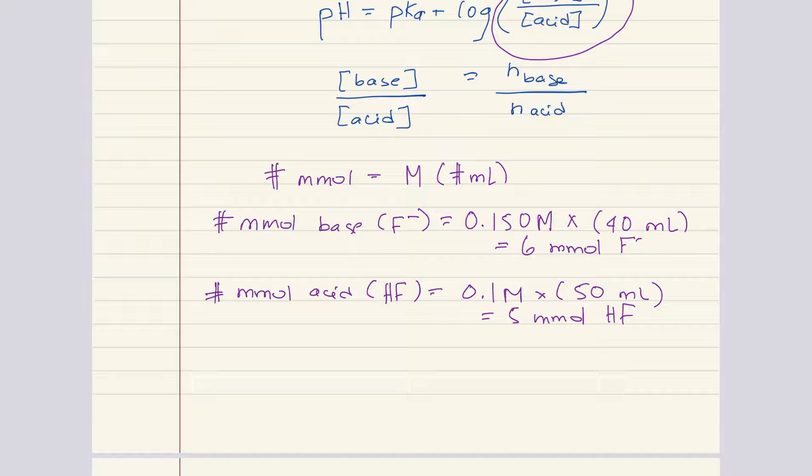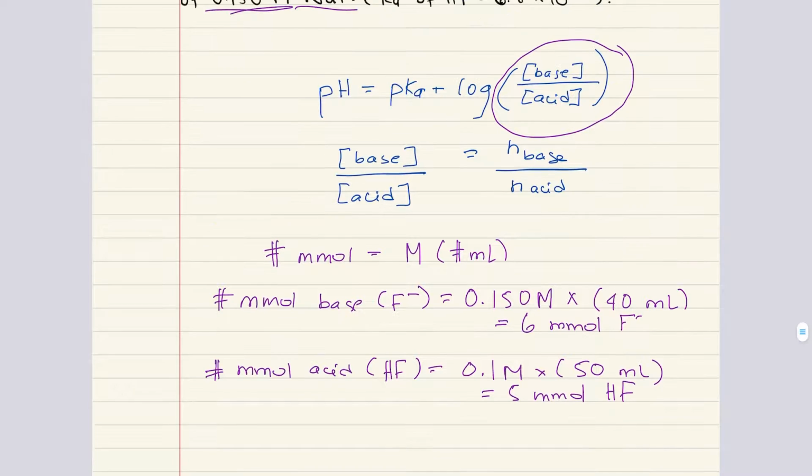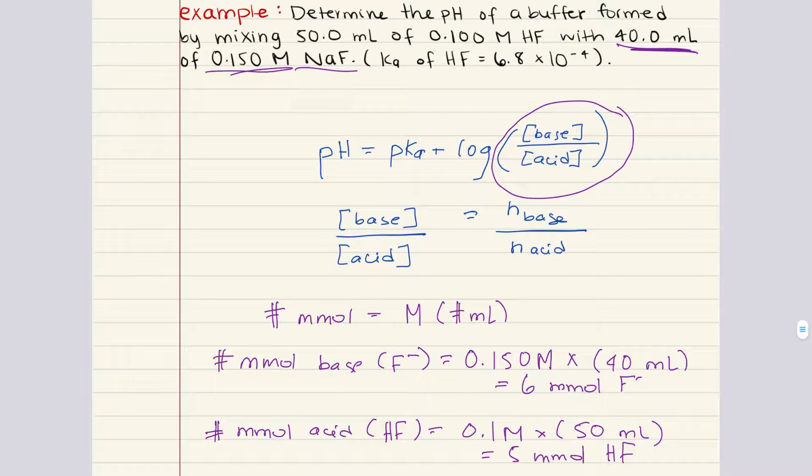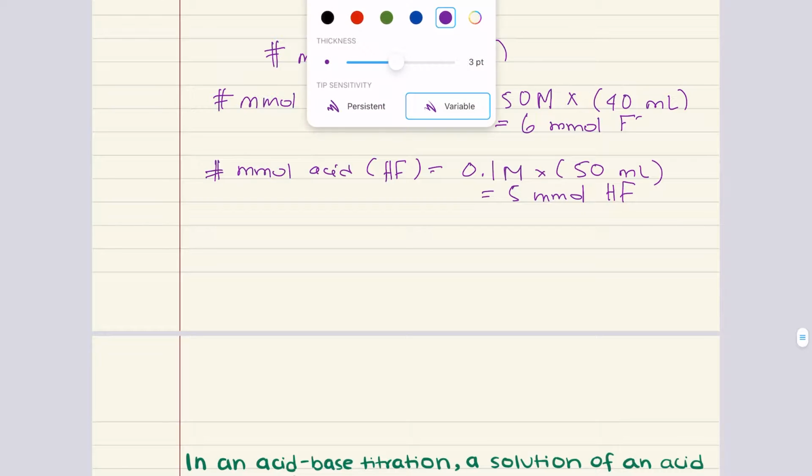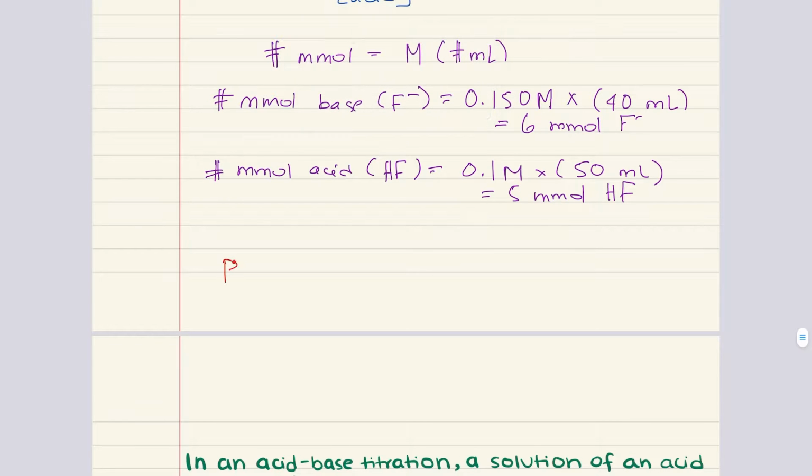Perfect. Now that we have that, we can start to plug things into our equation. One thing to point out is we're not directly given the pKa, but we know that pKa is equal to the negative log of Ka, and we're given the Ka value. So we will be rewriting this pKa term as negative log of Ka. That means that our pH can be calculated in the following way.